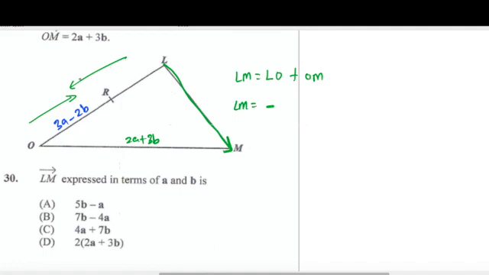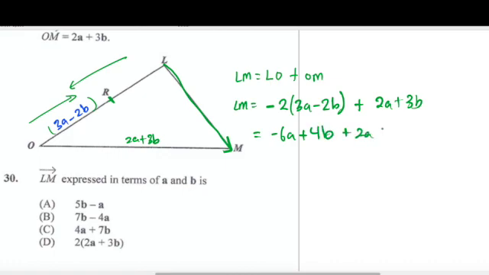And then it is minus, well, if this is OR and R is the midpoint, then OL will be 2 times this. So it'll be minus 2 times 3A minus 2B, and then you have OM here, which is 2A plus 3B, and we just work through the magic. -2, 2 3s are 6, so that's -6A, and 2 2s are plus 4B, plus 2A plus 3B.